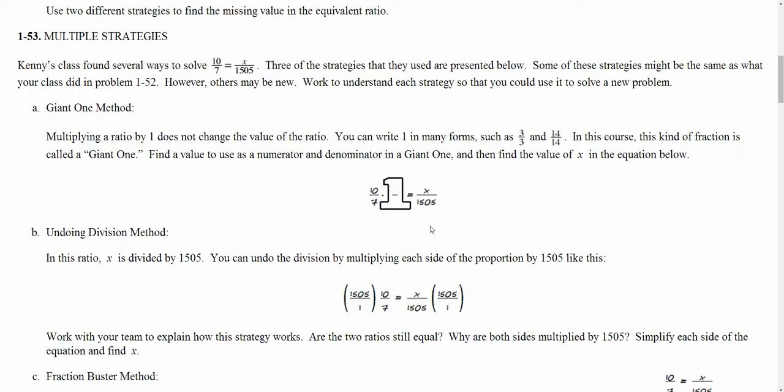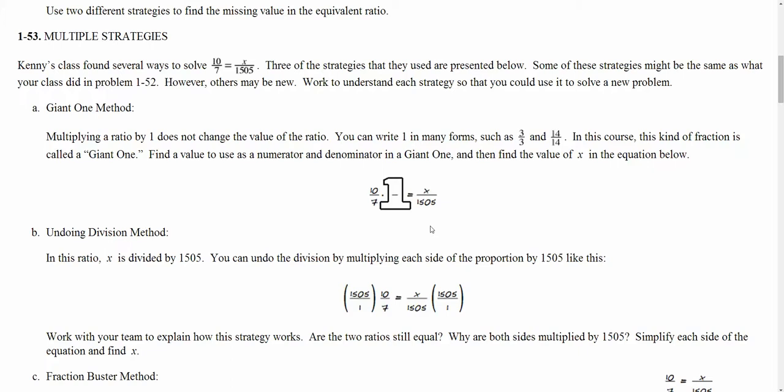The easiest way to figure that out is you got to divide 1,505 by 7, and you'll find that the answer is 215. Okay? So if you multiply 7 by 215, you get 1,505. So if you multiply 10 over 7 by 215 over 215, you'll end up with 10 times 215 up top and 1,505 on the bottom.